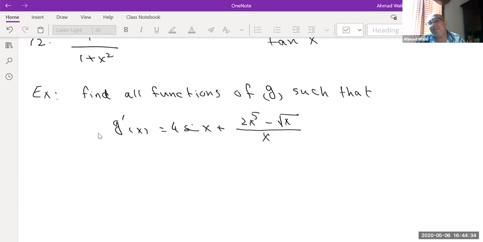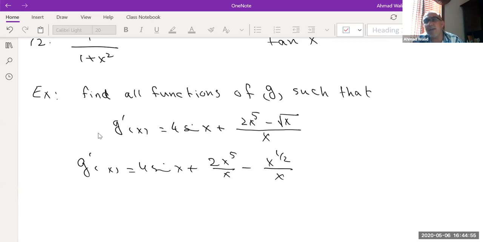You see here I have a fraction. I want to write it as separate terms, correct? Then g prime x equals 4 sine x plus 2x to the power of 5 over x minus x to the 1/2 over x. Do you agree with me? I separate those two terms. Let's simplify those two terms.